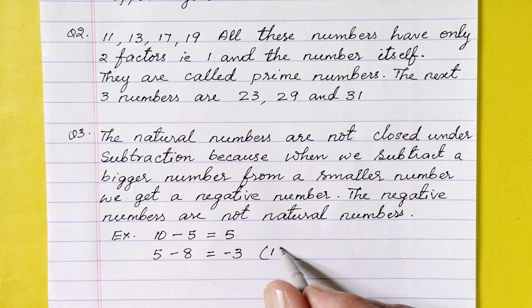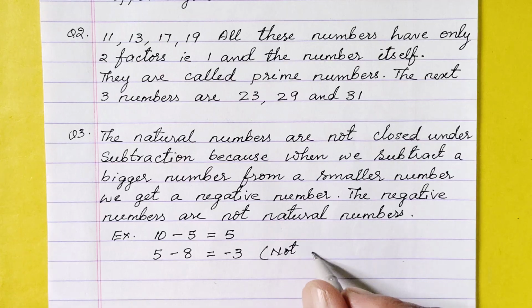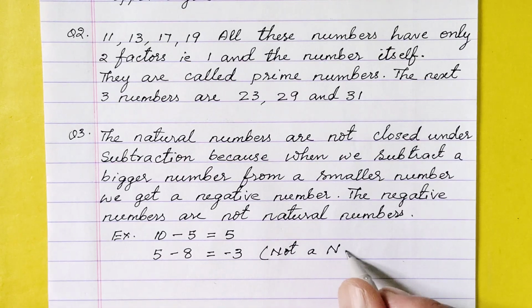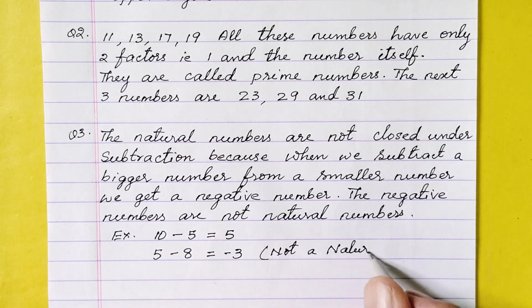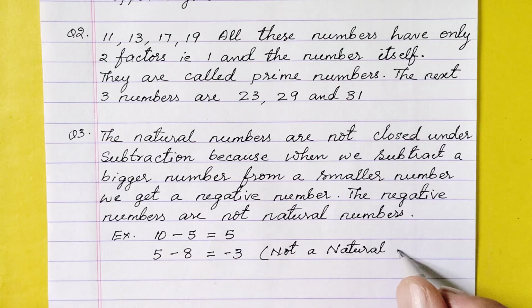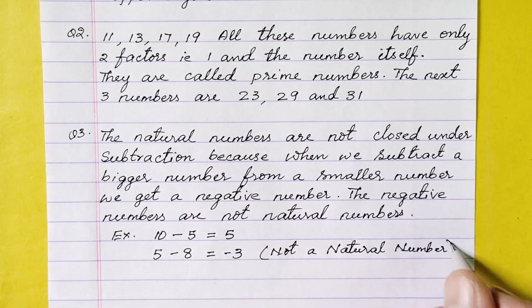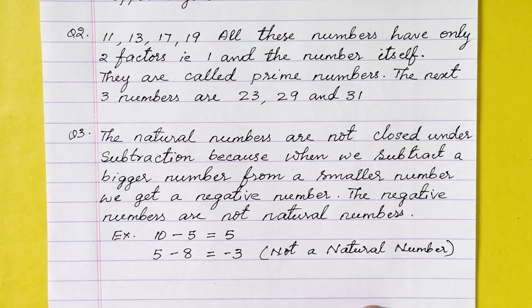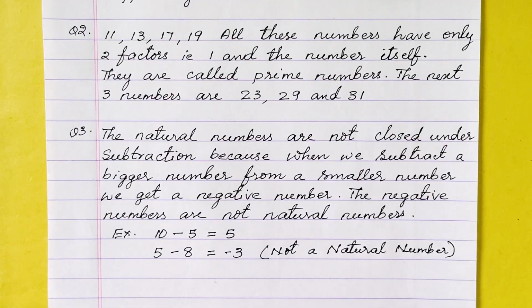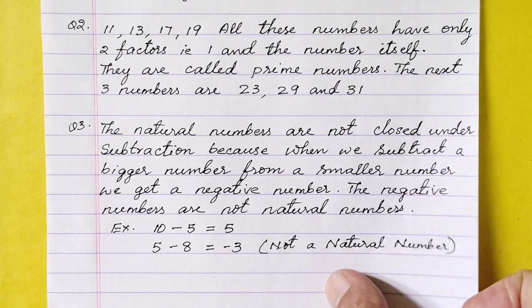It is not a natural number. So the natural numbers are not closed under subtraction. So the third question is solved. We'll go to the fourth question.